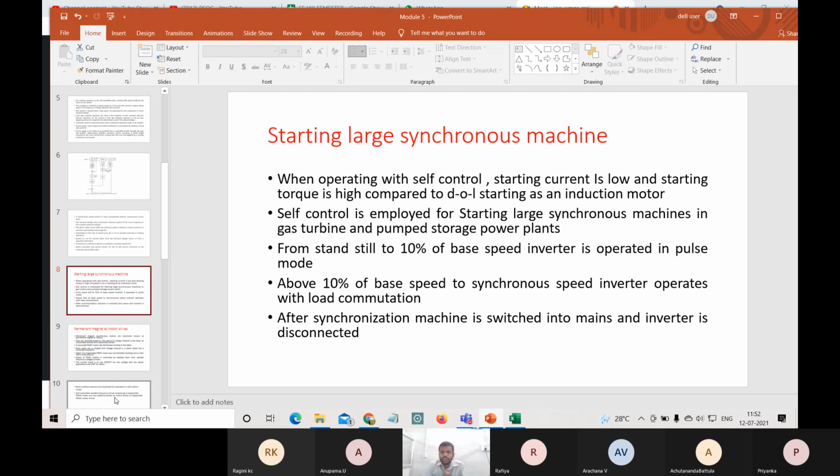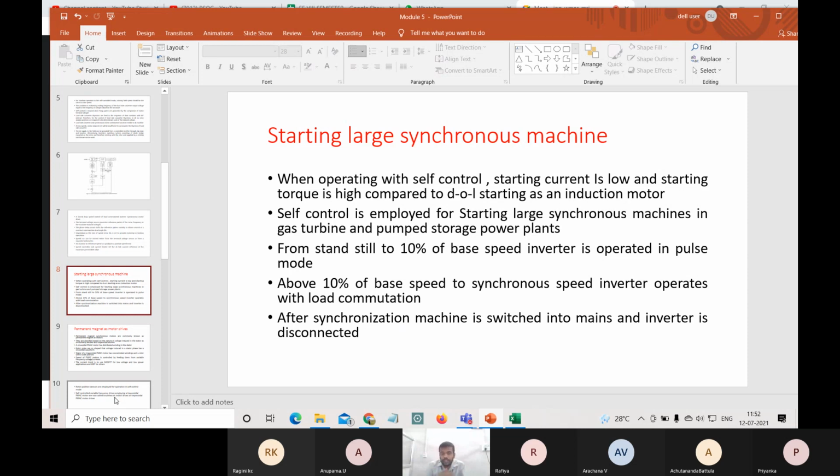As I told, synchronous motors are of 2 types. One is self-controlled, another one is true synchronous motor, true control. When operating with self-control, the starting current is low. When the motor is starting in self-control mode, the starting current required is very small, so the torque is also small.